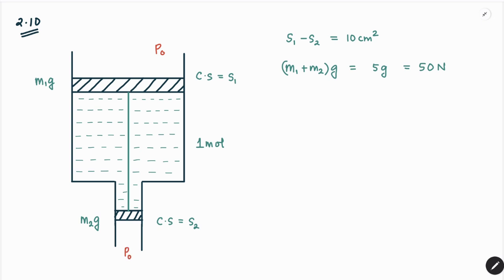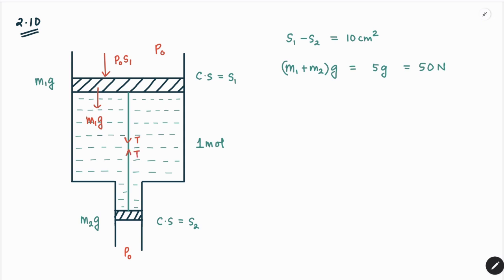Over here if we identify the forces, then due to atmospheric pressure, a force P0 multiplied by S1 will be acting on the upper piston. The weight M1G will be in the downward direction. There will be a tension in the string or the thread.